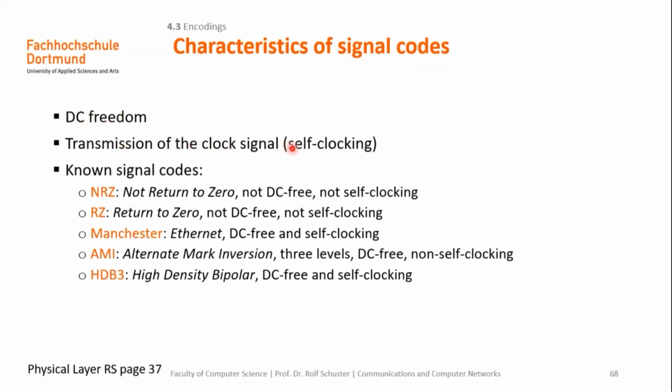We need to use some kind of self-clocking coding, and those are the known signal codes: NRZ, RZ, Manchester, AMI, HDB3. Well, for instance, NRZ and RZ are not self-clocking.